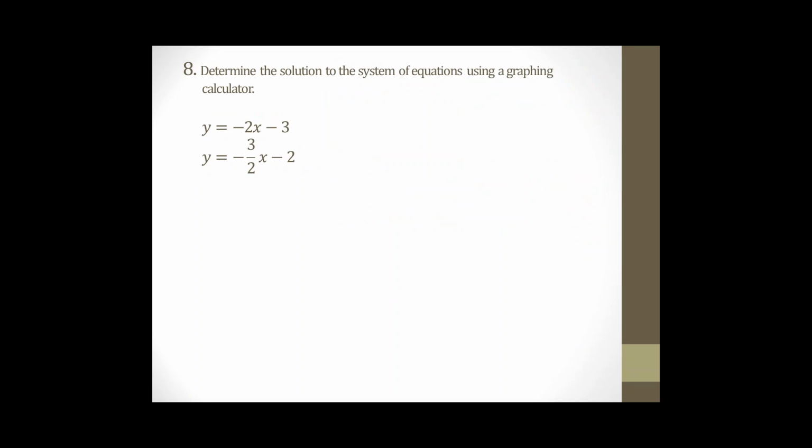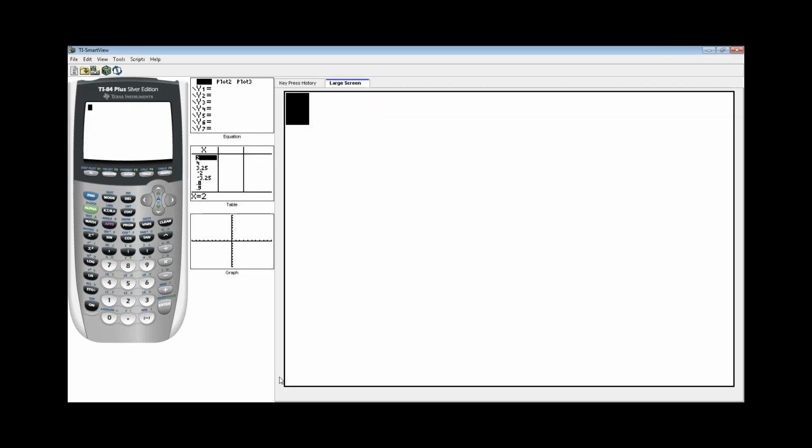Okay, so number 8. Let's see. Can we pull up a graphing calculator here? Let's see. Wait, let's switch. Okay, so I've got my graphing calculator, but I need to go get the questions again.